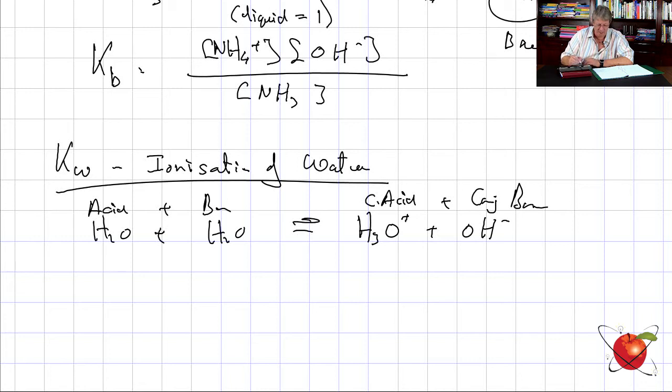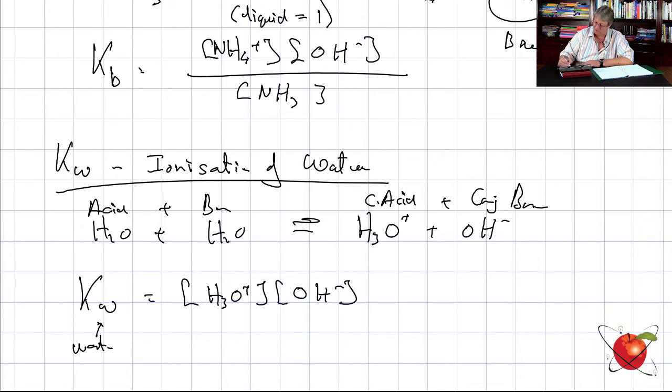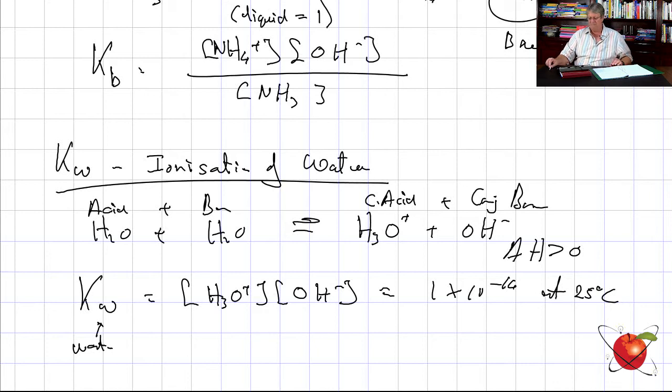We're now going to put down the equilibrium constant. It's Kw, which is for water, equal to the concentration of H3O plus times the concentration of OH minus. It is 1 times 10 to the minus 14 at 25 degrees Celsius, and in this case delta H is greater than 0.